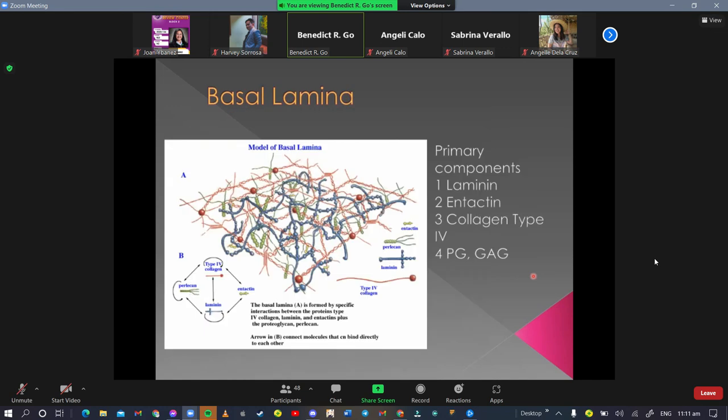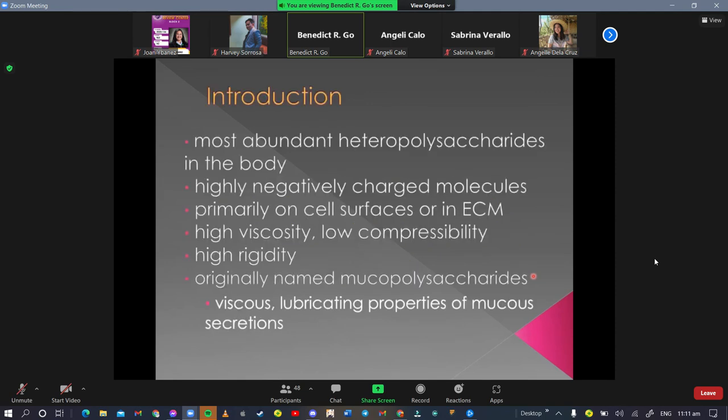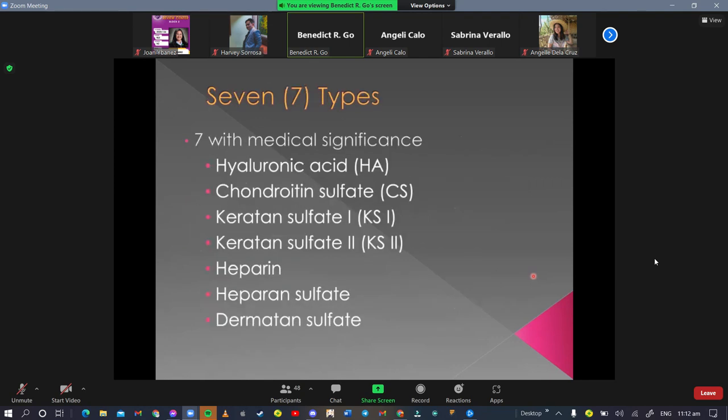Basal lamina. Okay, so let's go to your proteoglycans and your glycosaminoglycans. Now, a thing to note here is that they were originally named mucopolysaccharides, and the properties are they're viscous, lubricating, found in mucous secretions. 7 types of glycosaminoglycans. You have your hyaluronic acid, chondroitin sulfate, keratan sulfate 1 and 2, heparin, heparan sulfate, and dermatan sulfate.